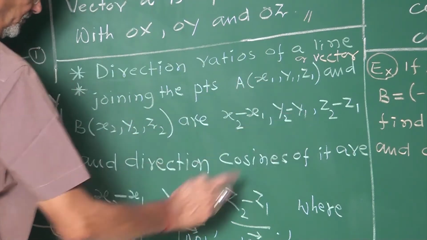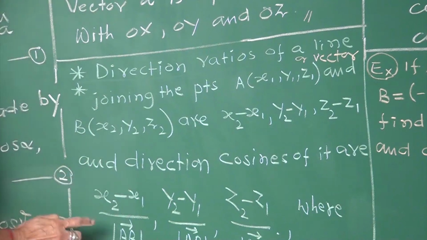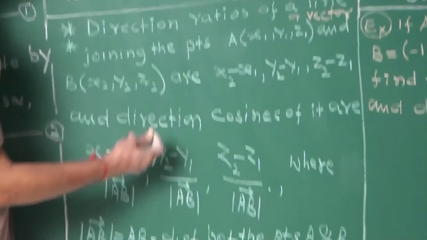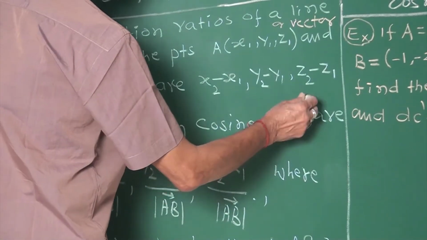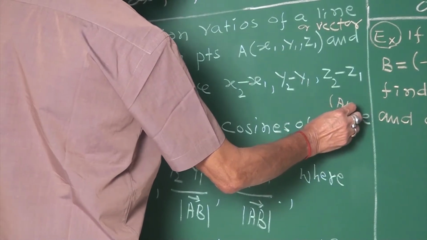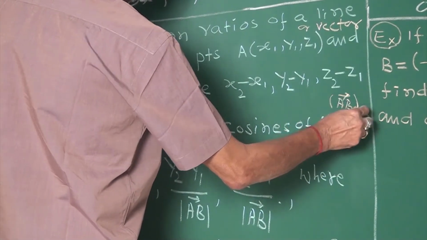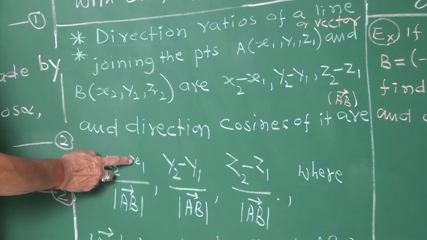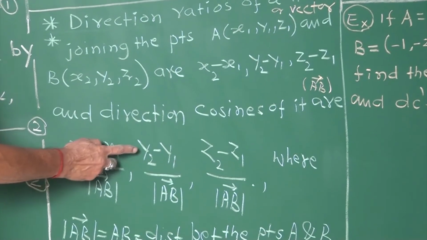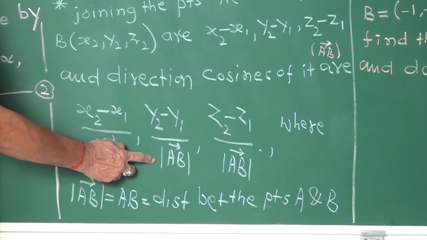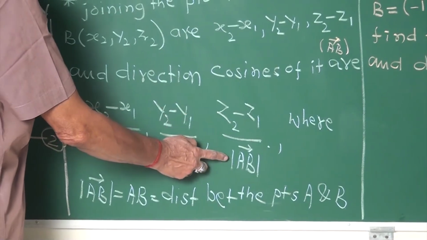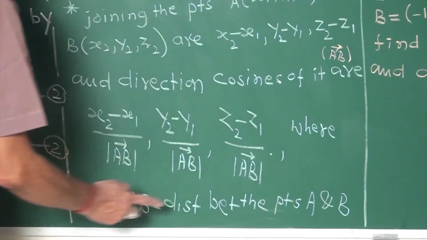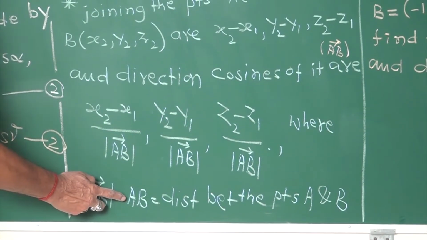And the direction cosines of the vector AB are x2 minus x1 upon magnitude of AB, y2 minus y1 upon magnitude of AB, z2 minus z1 upon magnitude of AB, where magnitude of AB is length AB.